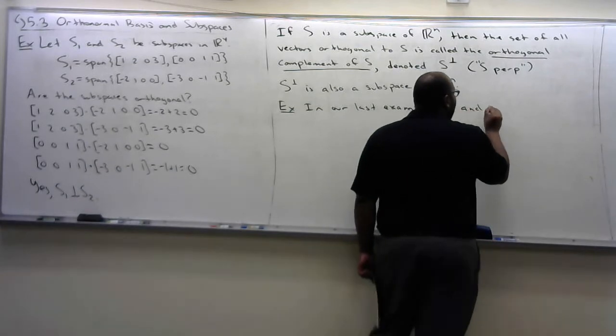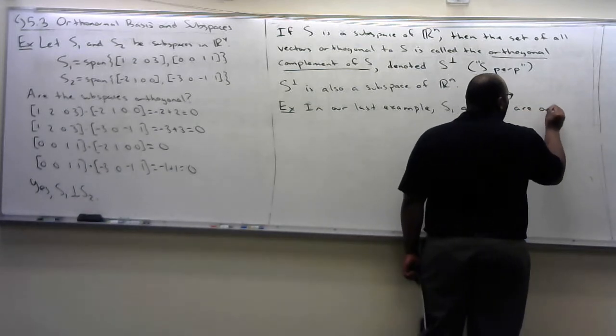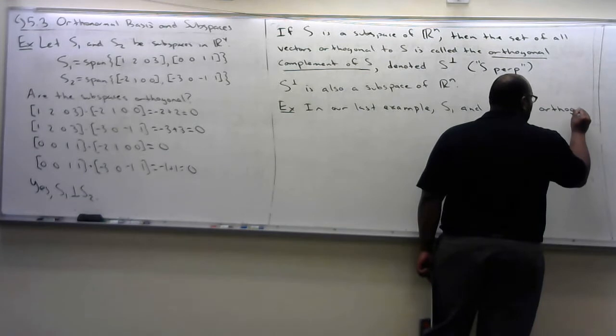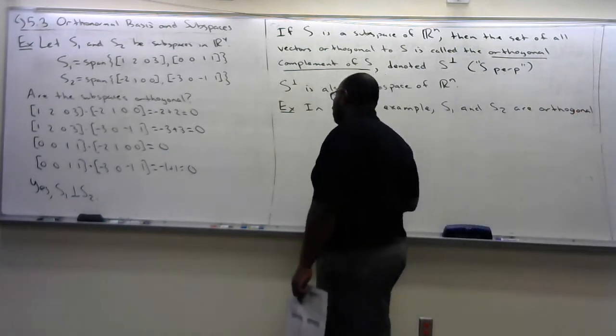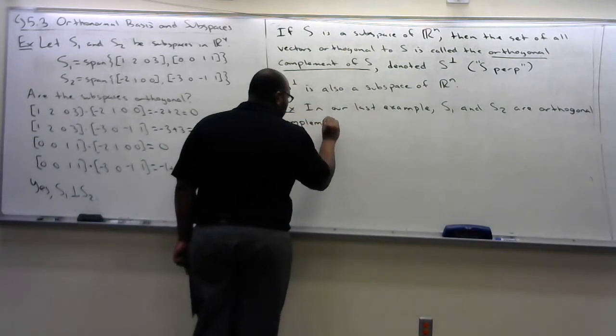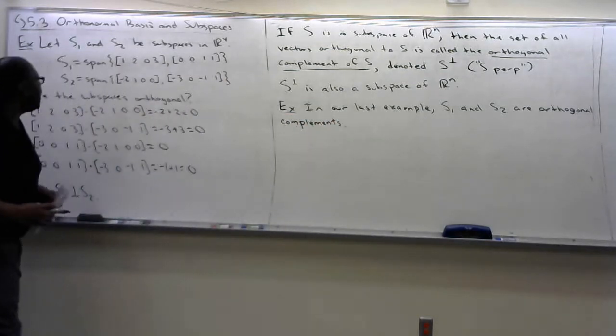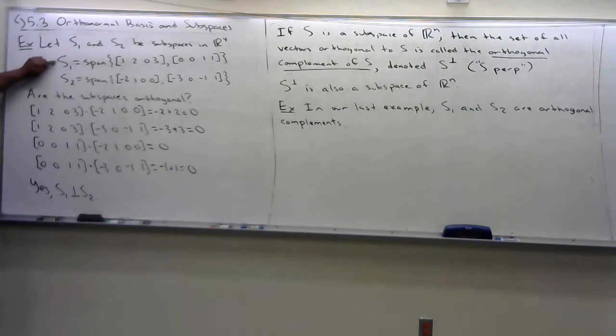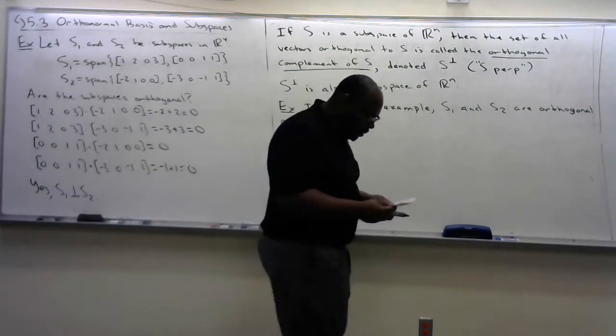Meaning that all the vectors that are orthogonal to S1 are going to be along the plane S2, and all vectors orthogonal to S2 are going to be along the plane S1. These guys are orthogonal complements of each other.